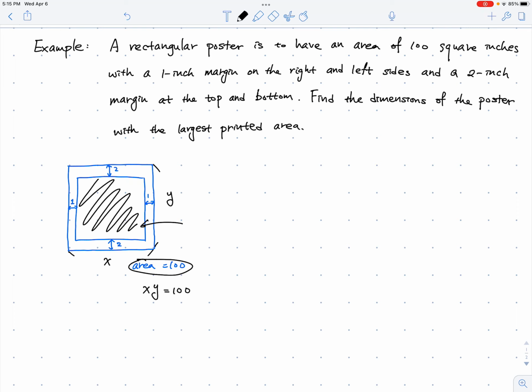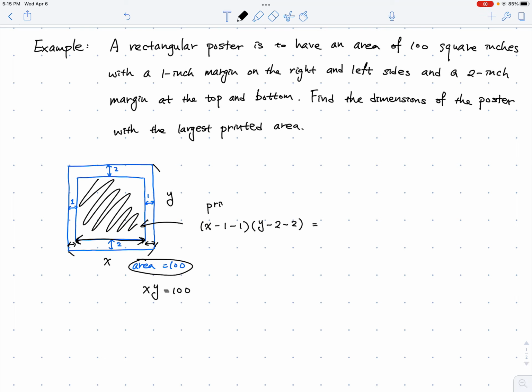The side x minus the margins on the right and left. So for the printed area, the base is equal to x minus 1 minus 1, right? Minus 1 inch for the margin on the left, minus 1 inch for the margin on the right. Okay, now times the height. So height would be y minus the 2-inch margin at the top minus the 2-inch margin at the bottom.